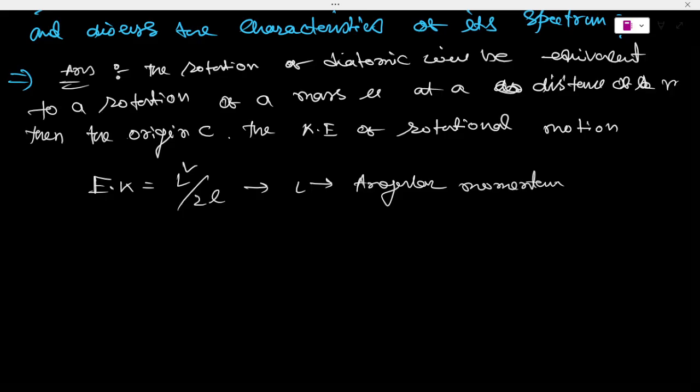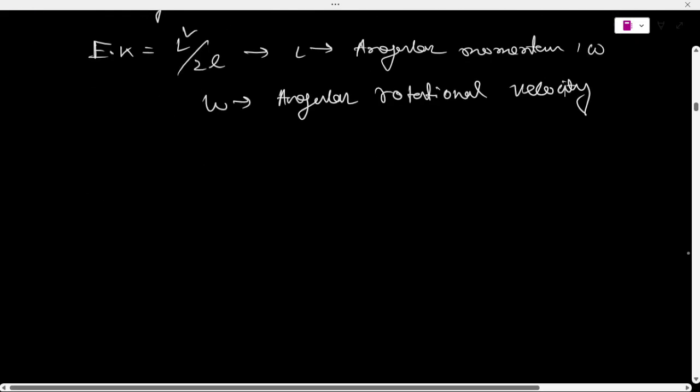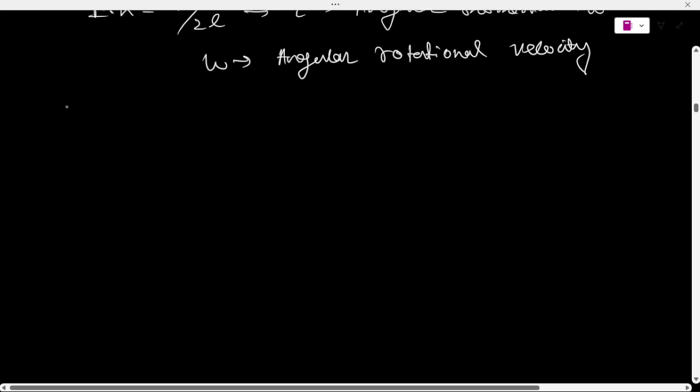Angular momentum is I omega, where omega is the angular rotational velocity, with unit radian per second.